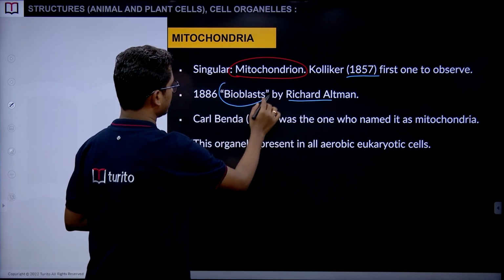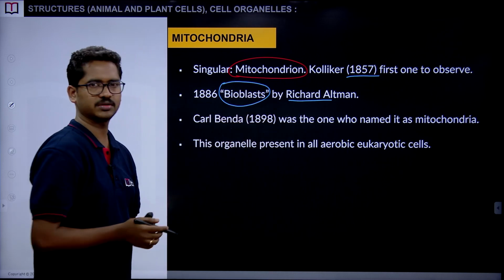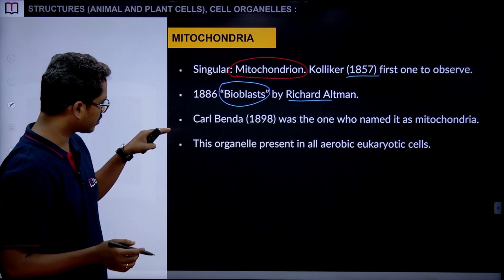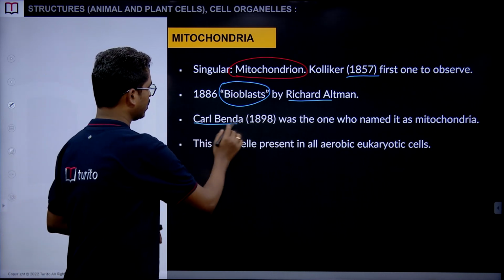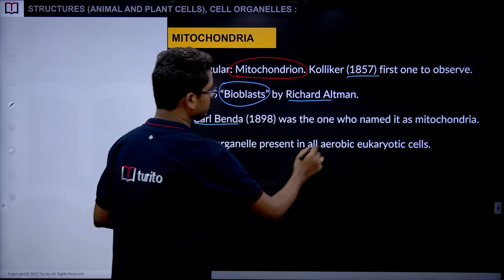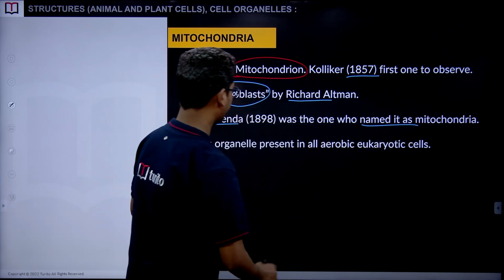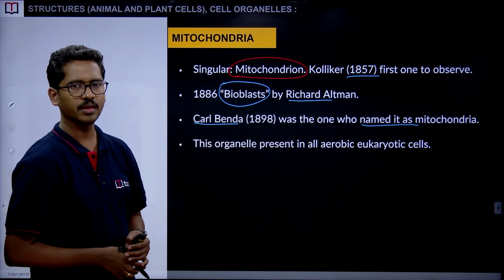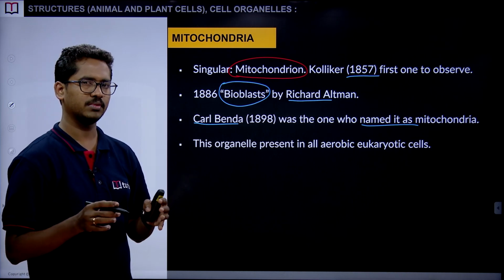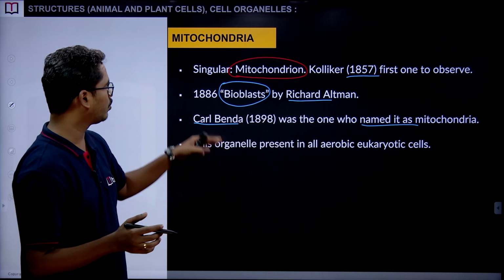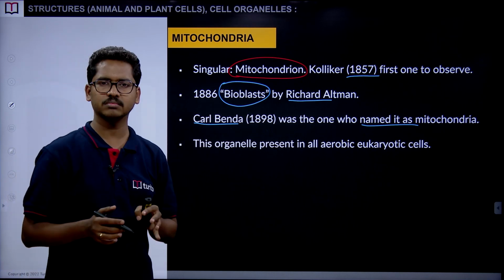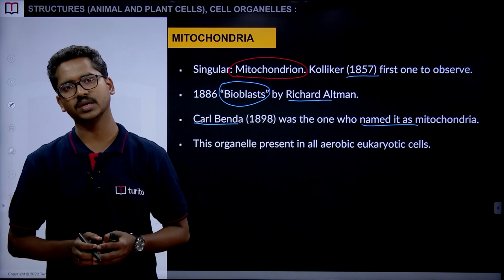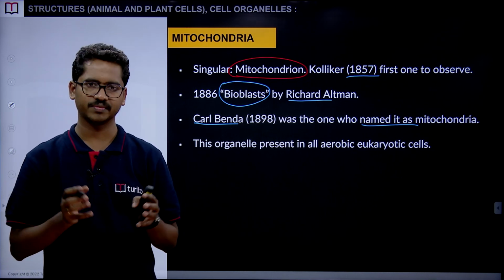He named them bioblasts, okay, and finally it was Carl Benda. He was the one who actually named it mitochondria, and till date we are using the very same name. It has been a while we have been understanding about mitochondria, and I hope you are all aware that mitochondria is actually the powerhouse of the cell.